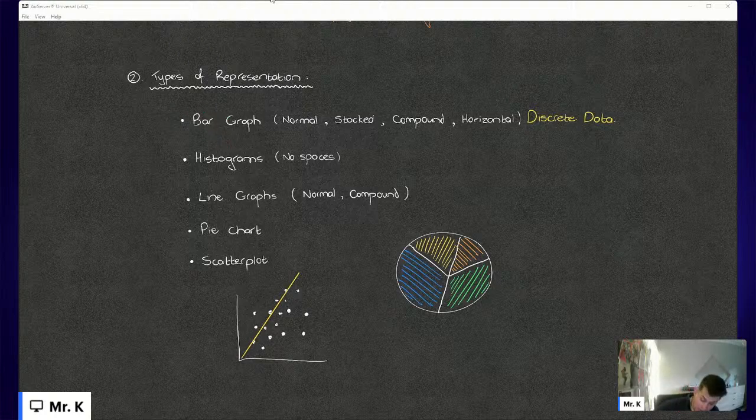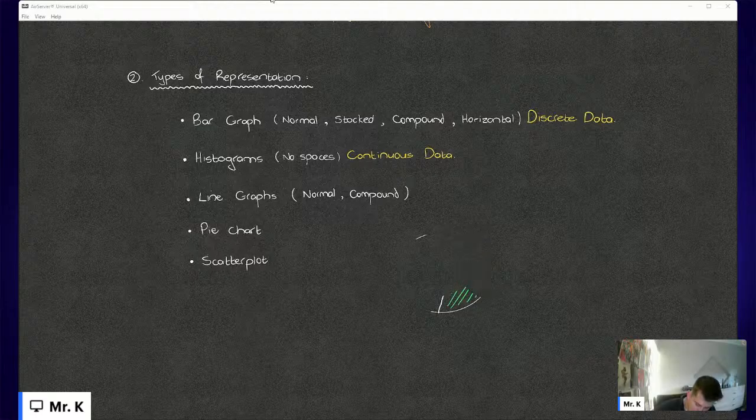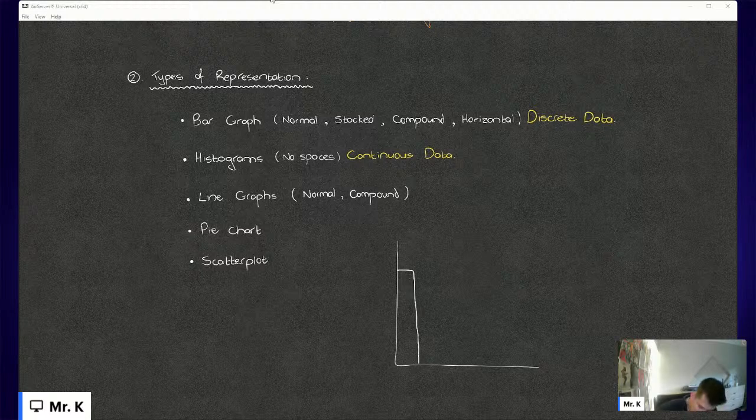In a histogram, we would be more likely to use continuous data. It's not to say that you can't use discrete data, but when we draw a histogram, guys, remember, a histogram is essentially like a bar graph, except our bars are all touching.